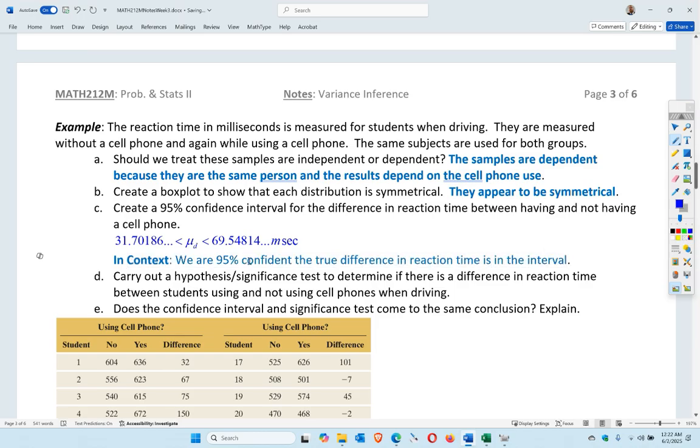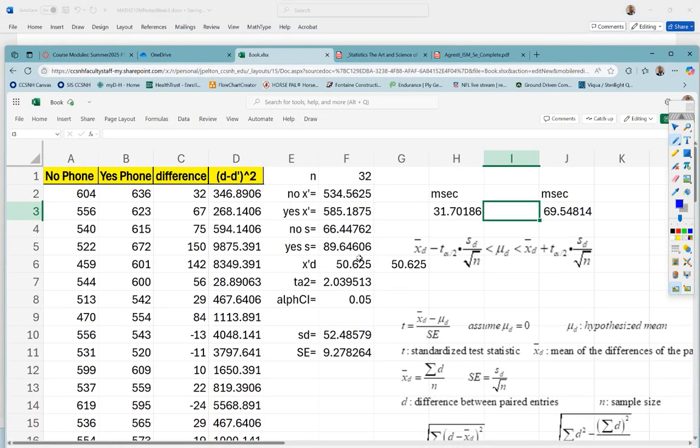Let me think. We are 95% confident the true difference in reaction time is in the interval, right? So 5% of the time it might be wrong, basically. Because our sample said what, basically? Our sample said 50. So 50 is obviously in there, but is that the real answer? Who knows? Might be more, might be less for the true actual. You know what I'm saying?